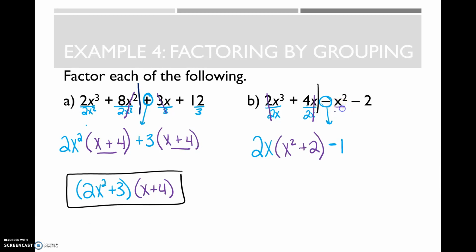So if I'm dividing both of these by negative 1, negative x squared divided by negative 1 is x squared. Negative 2 divided by negative 1 is positive 2. So my final answer would be 2x minus 1 times x squared plus 2.